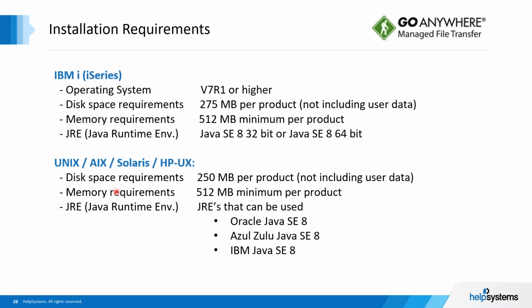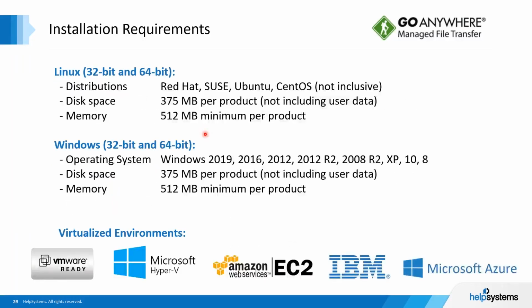Our installation requirements are simple and really don't require too much. So here's a quick little screenshot of the IBM and also the UNIX environment on what we require. So you can see it's very minimal. Here we have Linux and Windows, or you could install GoAnywhere on a VM server, AWS, Microsoft Azure.